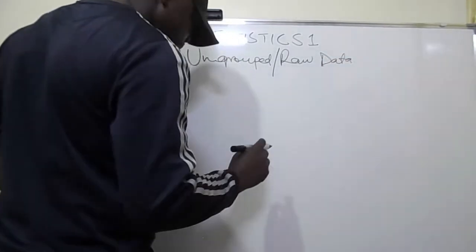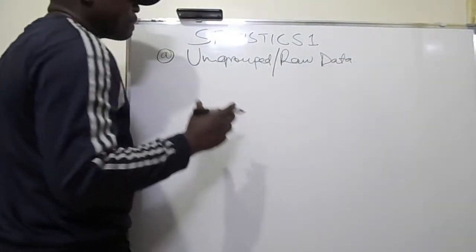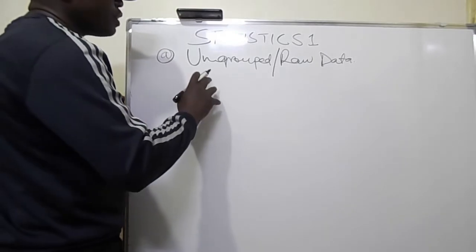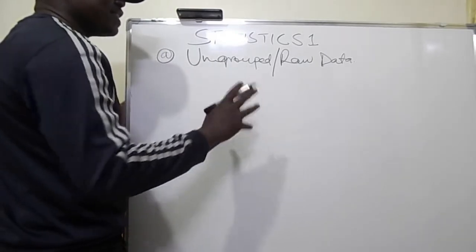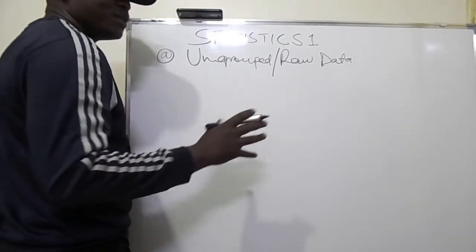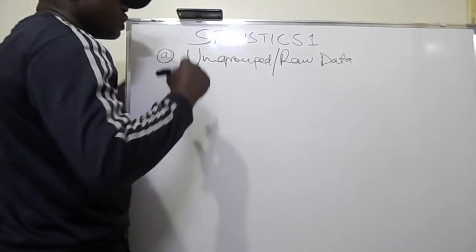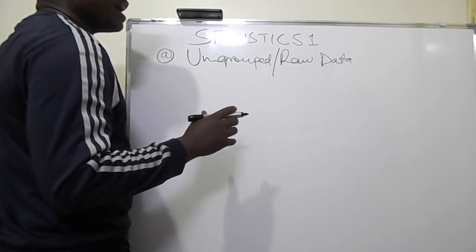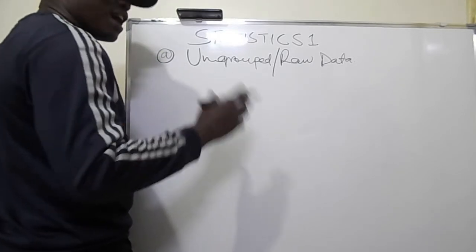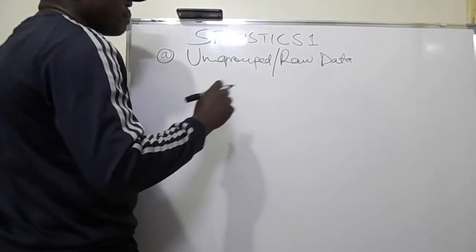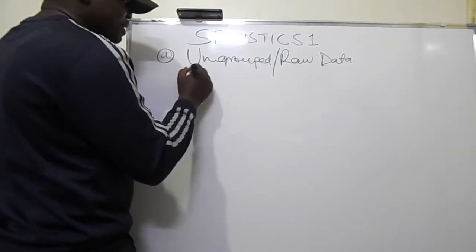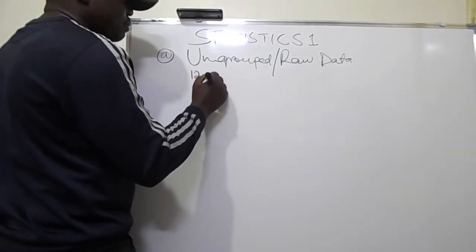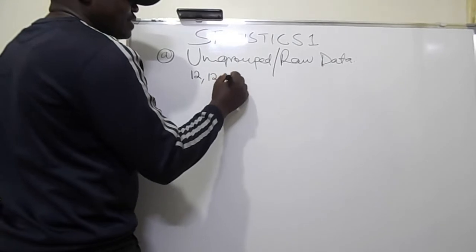What do I mean by this? I simply mean that this is a type of data set that is not arranged in any way. So you're going to just use it the way it is to calculate what you are asked.